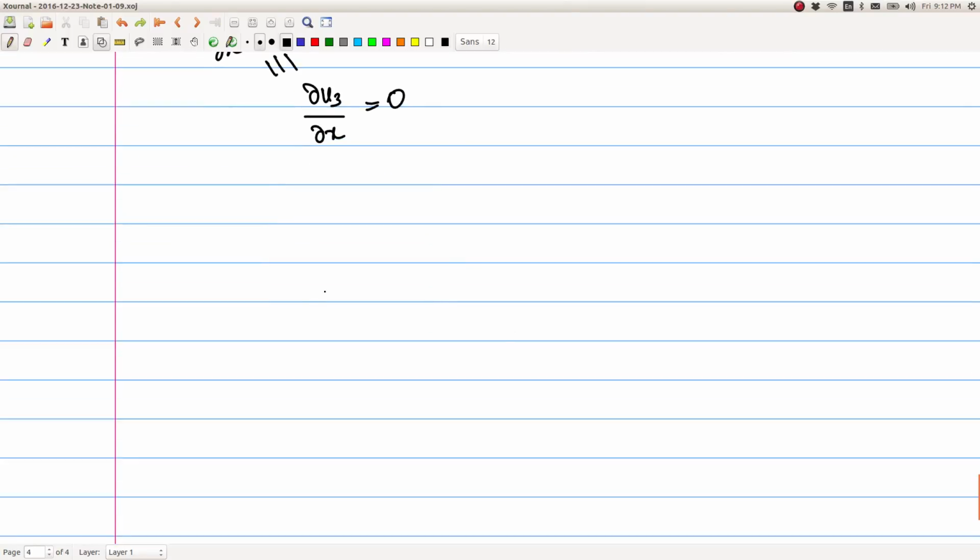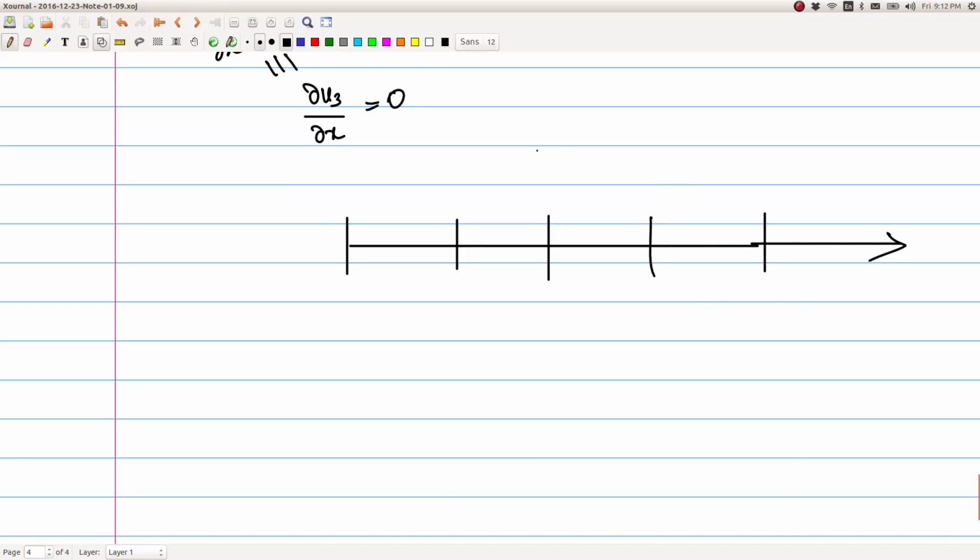To summarize very quickly, if this is our mesh, say 2 ghost cells and 2 internal cells, so this is going to be all the internal cells, and this is our boundary.